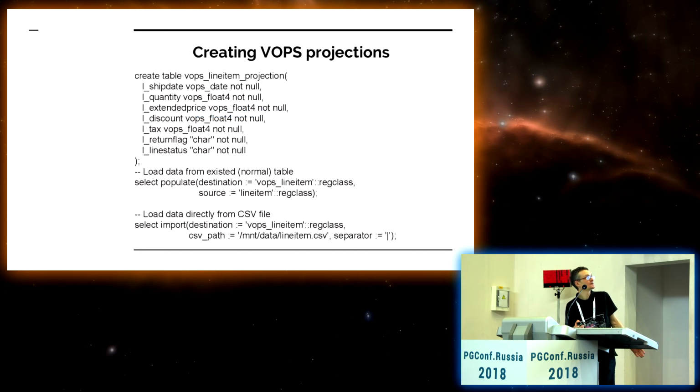If you create just some generic foreign data wrapper without grouping the statuses and return flags, everything would have worked, but you would not have received this 20 times result. So here, like in Vertica, we have to spend a lot of time on the design of the schema and correct data projection.